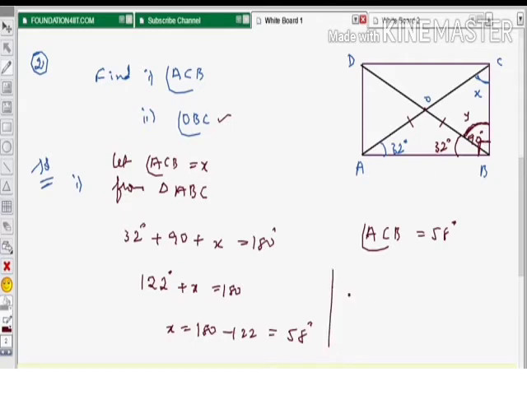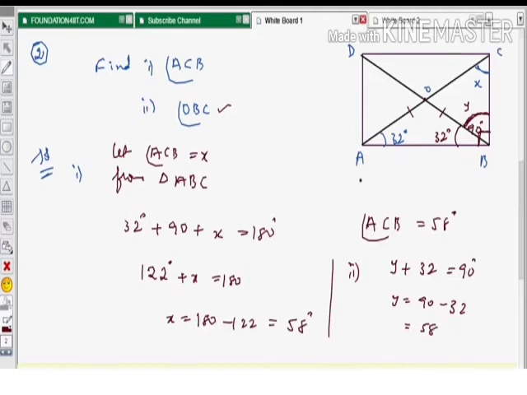So to find the second one, y plus 32 is equal to 90 degrees. Then y is equal to 90 minus 32, which is again 58. This 58 you can write as angle OBC.